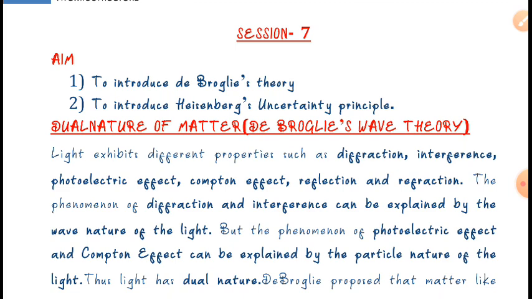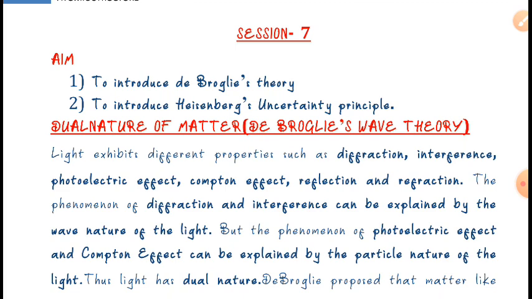When we talk about the dual nature of light, what we have seen, according to the classical Maxwell wave theory of radiation, is that light, which is also a form of radiation, is composed of waves which spread out over a space.